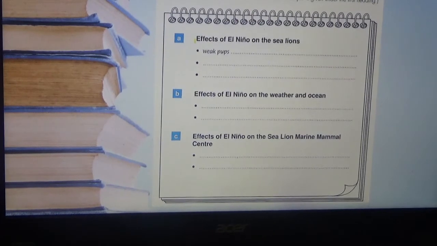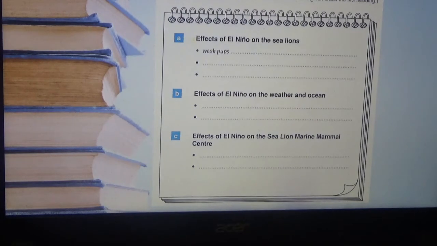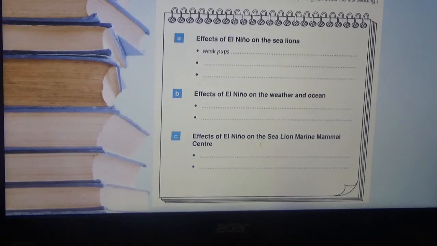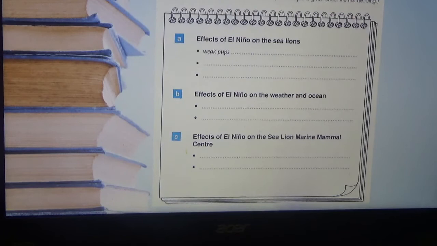These topics are classified as what you see. Effects of El Nino on the sea lions, we label it as A. The effects of El Nino on the weather and the ocean, label it as B. And here, the effects of El Nino on the sea lion marine mammal center, label it C. Okay, so how should we deal with it?